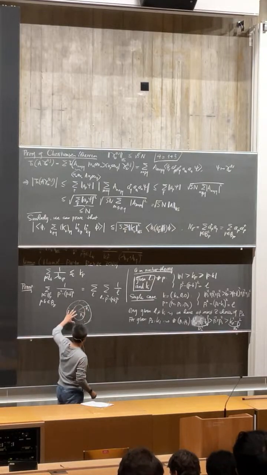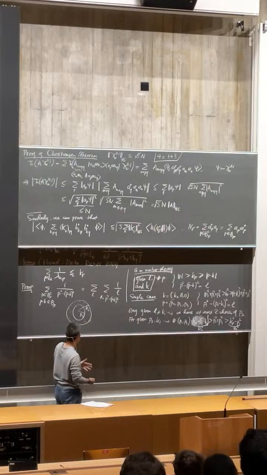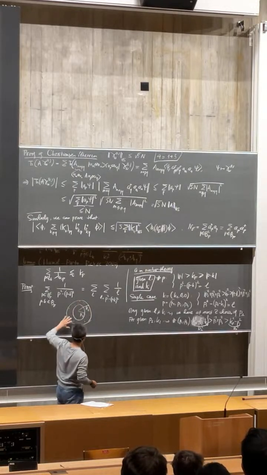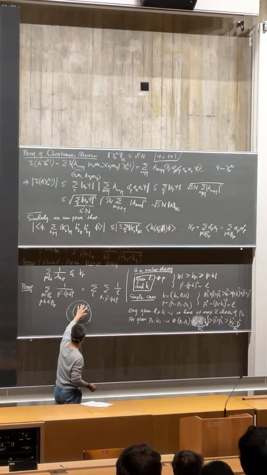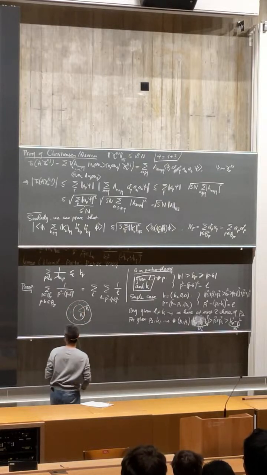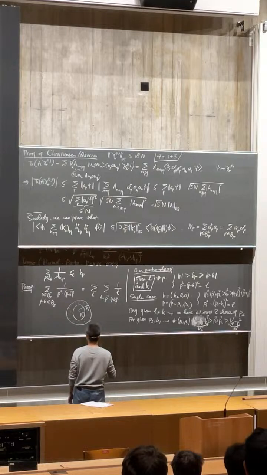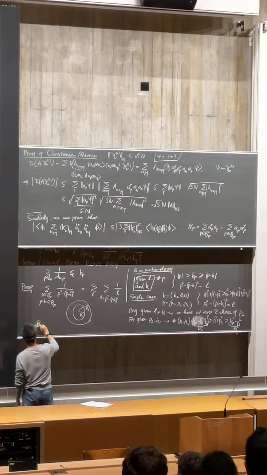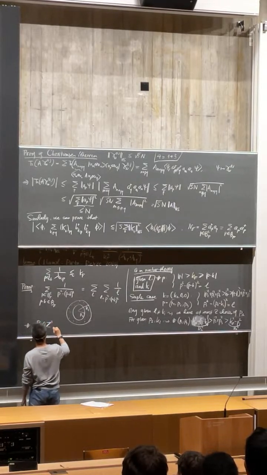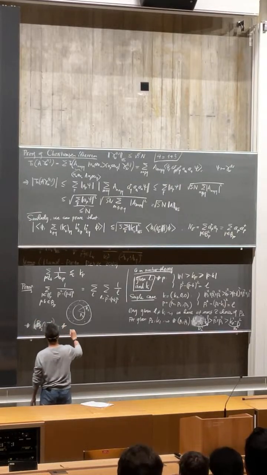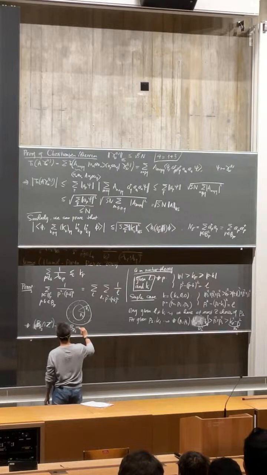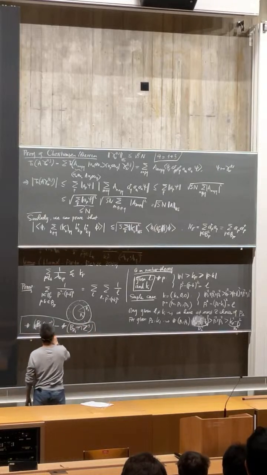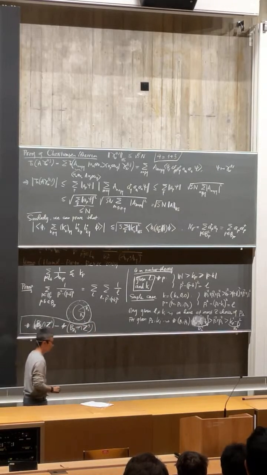To calculate the number of integer points in the envelope, a very natural way to do it is to calculate the number of integer points inside the circle of radius R2 and subtract the ones inside the circle of radius R1. So at the end, we need to make a calculation here good enough for our analysis.